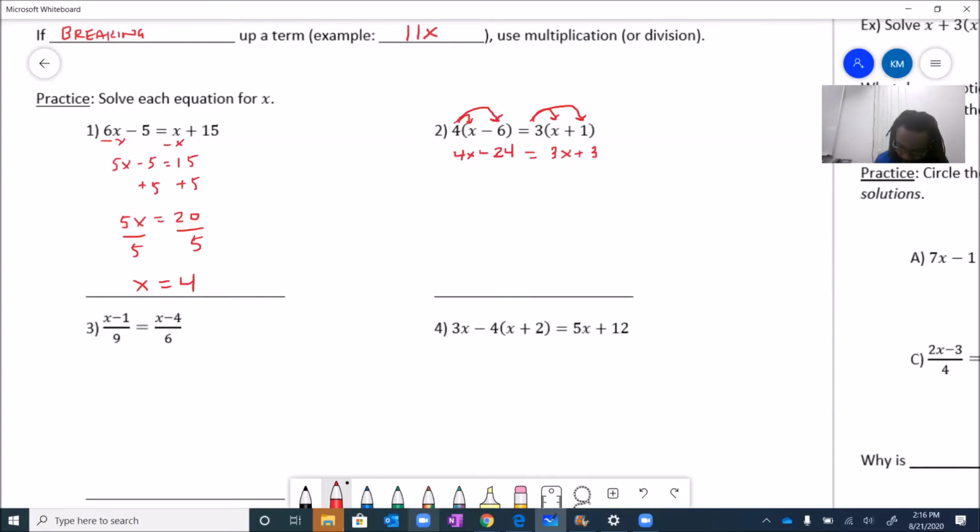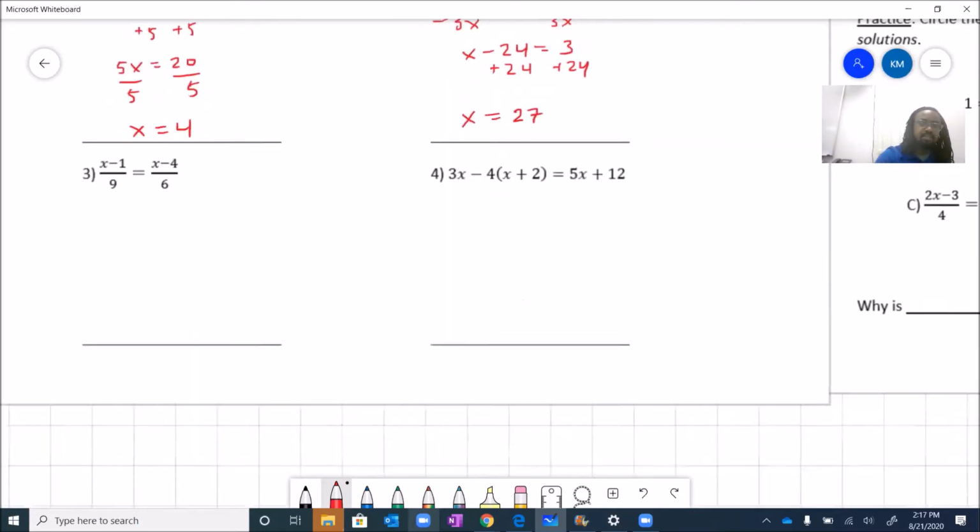Now I'm just going to go through and solve it, taking care of my variables first. So I'm subtracting 3x from both sides. And that gives me x minus 24 equals 3. And then add 24 to both sides. And I should find that x equals 27. And again, you can always go back, plug it in, and make sure that your answer works out.